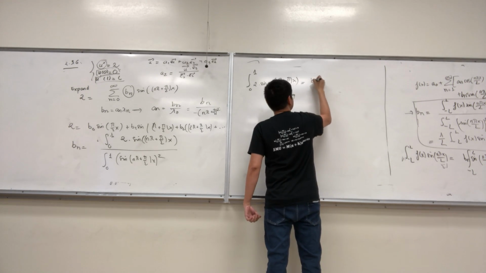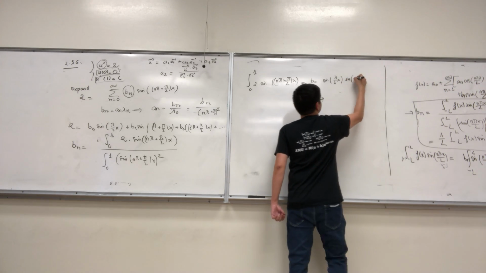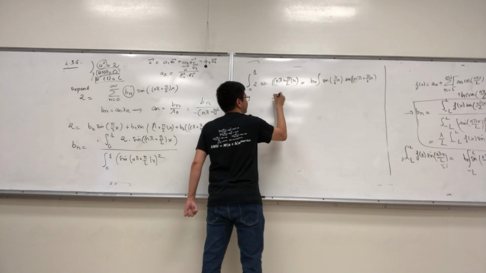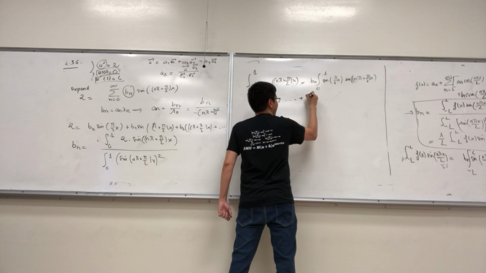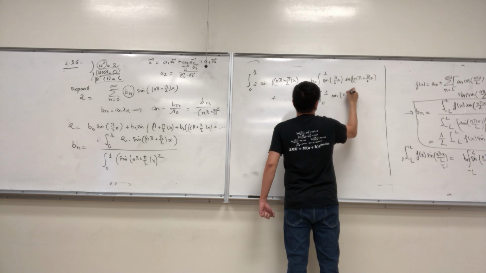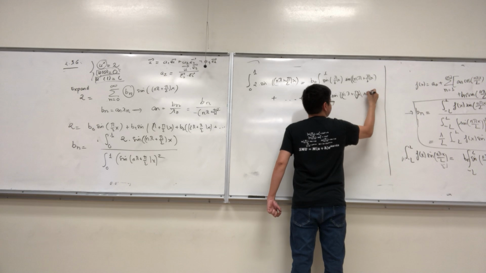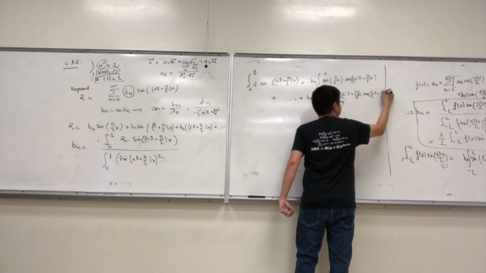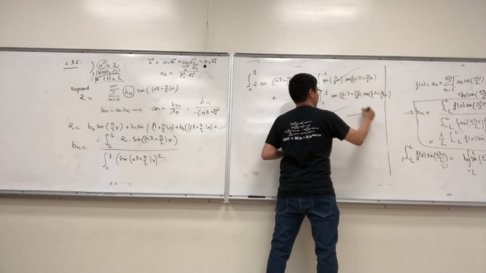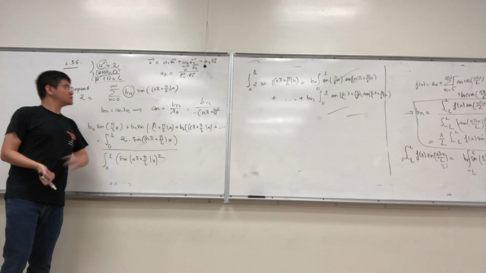Now this gives me b0 sinus of pi x over 2 times sinus of n pi plus pi over 2x, plus bn integral from 0 to 1 of sinus of n pi plus pi over 2x times sinus of n pi plus pi over 2x. Alright? The other terms go away because they are orthogonal. So the left over is this guy. It's good? Questions?